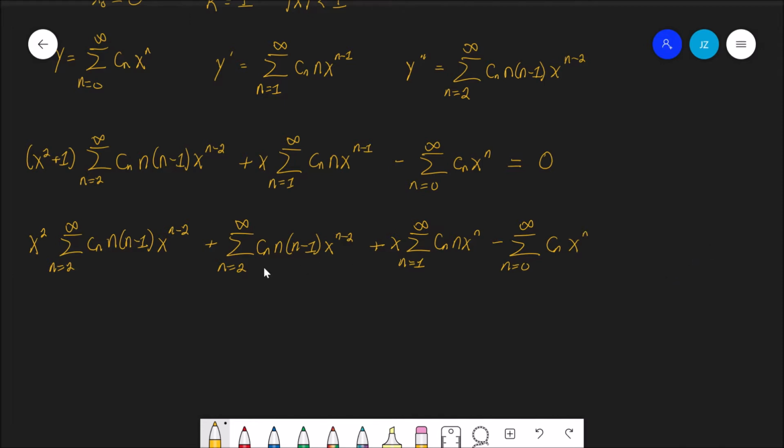Our goal is to try and get all the starting indices to be the same. So I'm going to pull this x squared inside here.